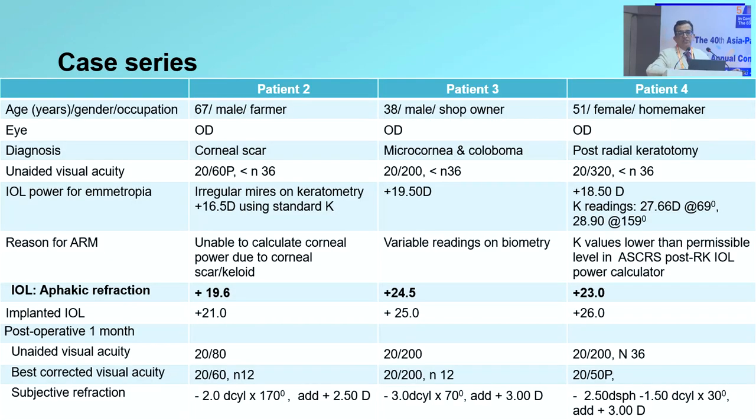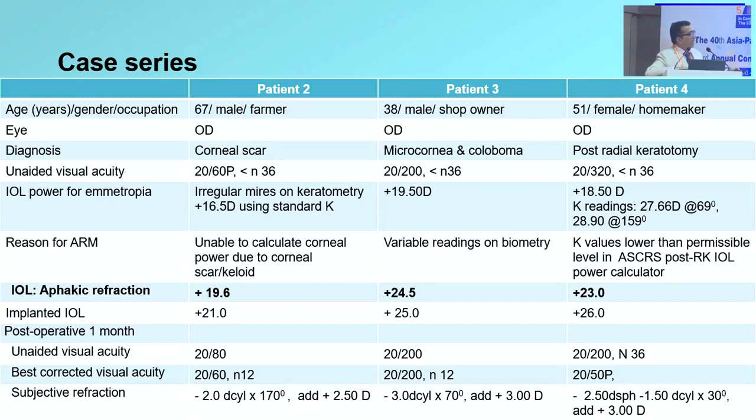It is not only for this. Following this case, we also operated on 3 other patients. One had a corneal scar that made the IOL power calculation very difficult. In another patient, there was microcornea and coloboma, and the other patient had very significant flattening after RK, in which the ASCRS power calculator was not accepting the corneal values. In all of these, we implanted using the same approach.